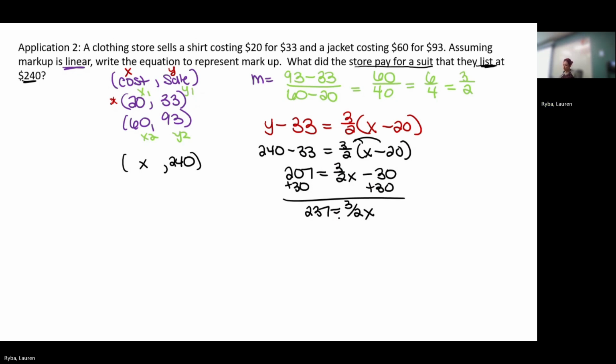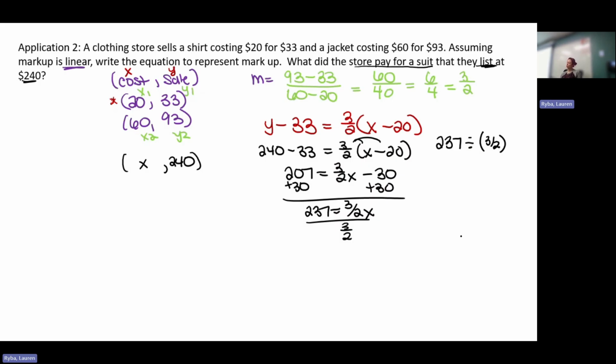Now, I have to get rid of the 3/2. So if I'm going to divide by 3/2 and you're using a calculator, you have to make sure you type this correctly. This is 237 divided by, in parentheses, the fraction 3/2.